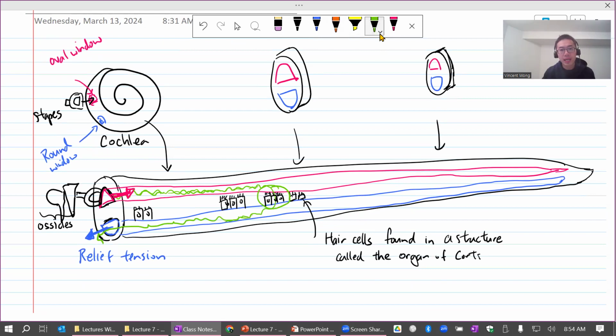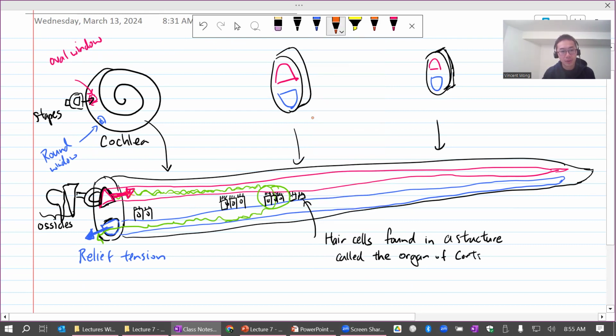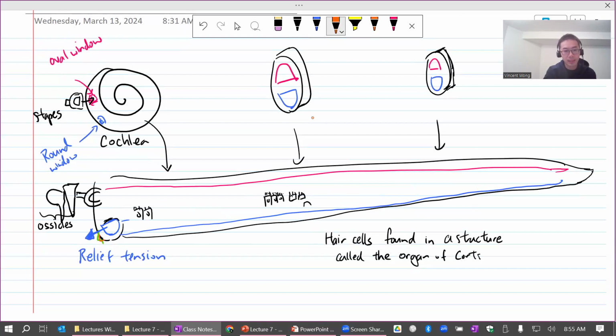For another sound, sounds that are lower pitch tend to go deeper into the canal. So this is lower pitch, so it goes all the way before it comes around, and then comes out like that.